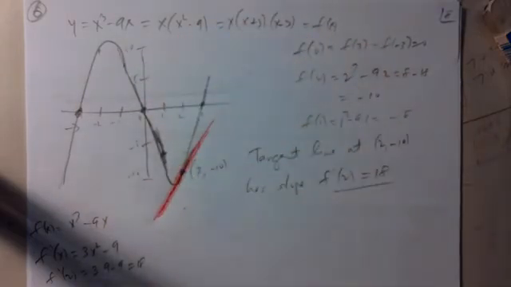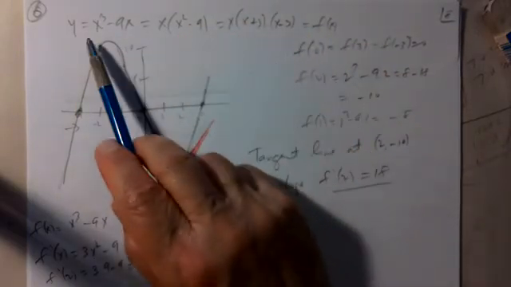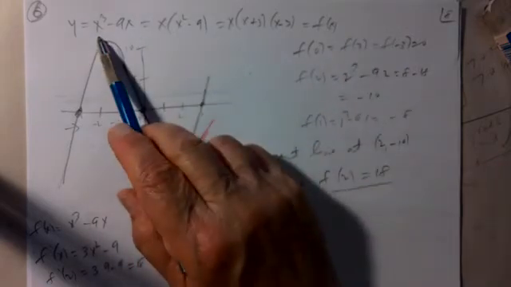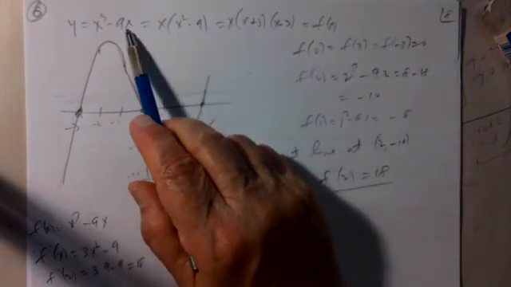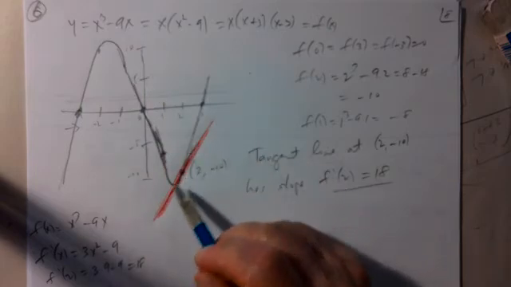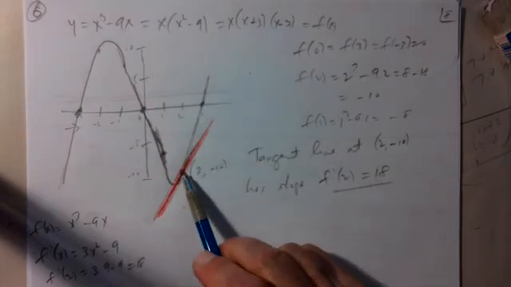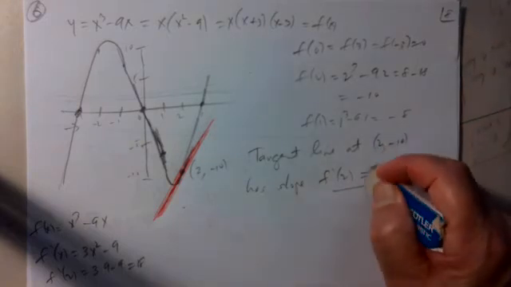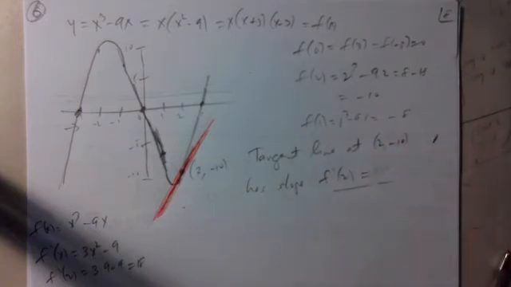When x is equal to 2, y is equal to 2 cubed, 8, minus 9 times 2, 18. 8 minus 18 is minus 10. So this is the point on the curve. f of x is x cubed minus 9x.